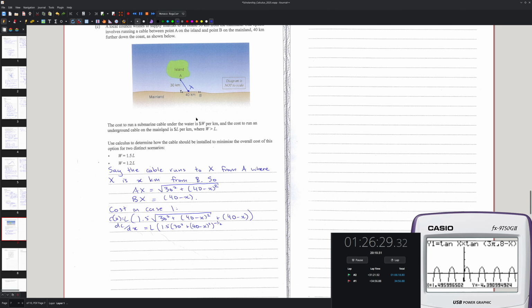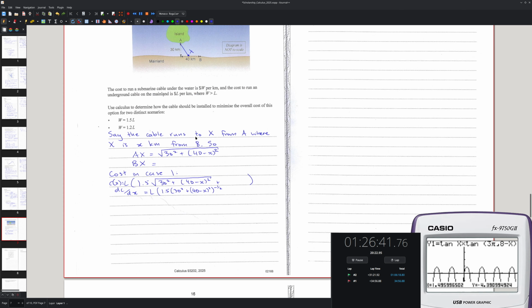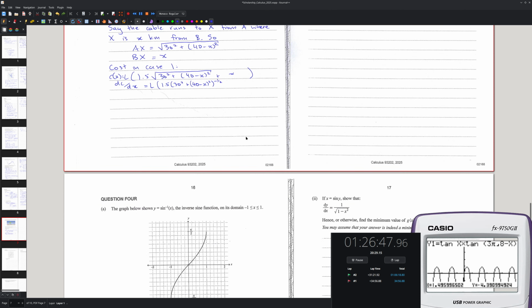Wait, BX is just x, right. Bro, this is the least imaginative scholarship calc question. They come up with this all the time.